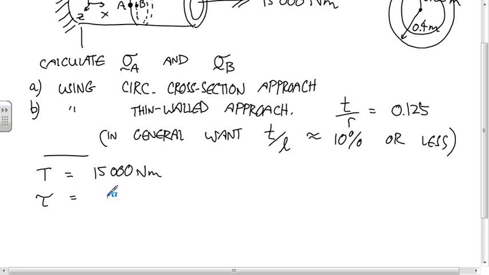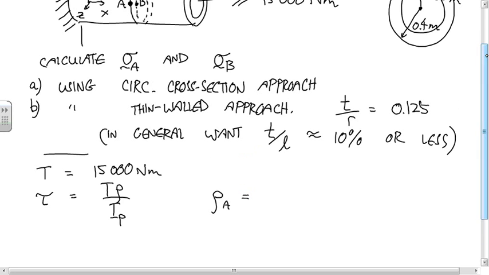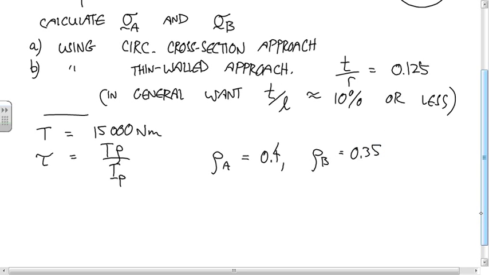So we're going to have the torsion times rho over the polar moment of inertia. Rho for the point A is going to be 0.4. And rho for the point B is going to be 0.35. And now we need to calculate the polar moment of inertia.